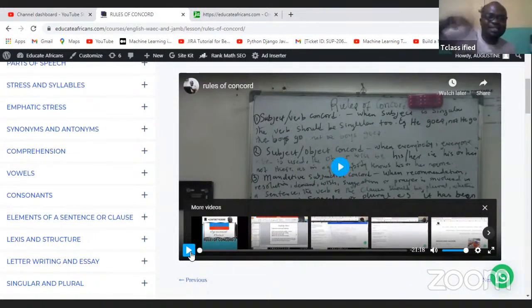So let's look at the second rule of concord, and that rule is called the subject-object concord. You remember we've looked at the subject-verb concord. Now let's look at the subject-object concord, an interesting concord.